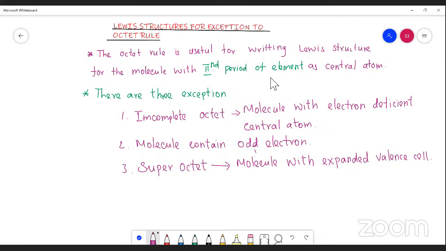Okay, please see one by one clearly. The first one is the molecule with an electron deficient central atom.